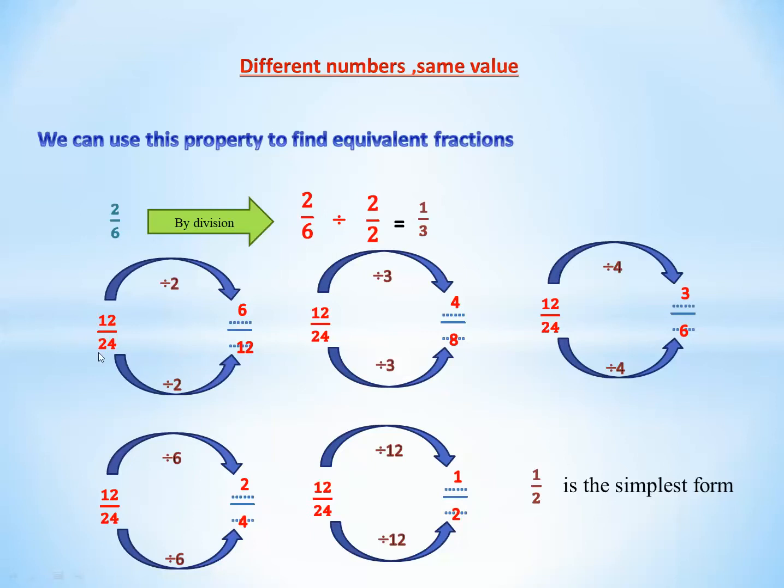If the two numbers are multiples of the same table, we can divide them by the same number. Here, 12 over 24 are multiples of many tables: multiples of 2, 3, 4, 6, 12, and so on. So we can divide by 2, 3, 4, 6, or 12.